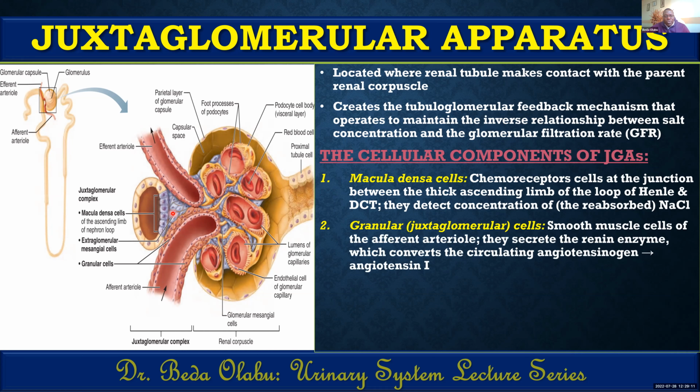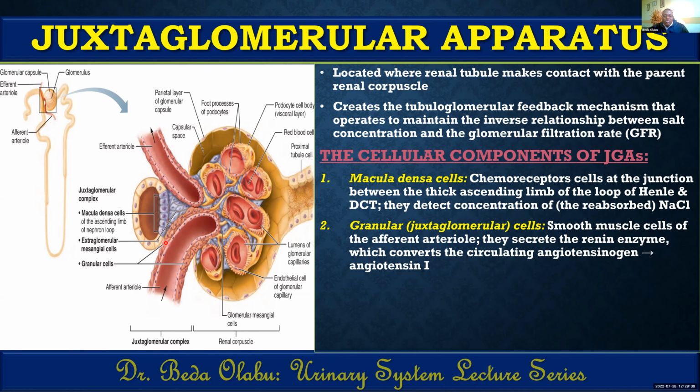The second component of the apparatus are the ones we call the granular cells, or you can just call them the juxtaglomerular cells. That's the commonest name. These are specialized smooth muscle cells found within the wall of the afferent arteriole mainly, although a few may also be found in the wall of the efferent arteriole, but mainly in the wall of the afferent arteriole.